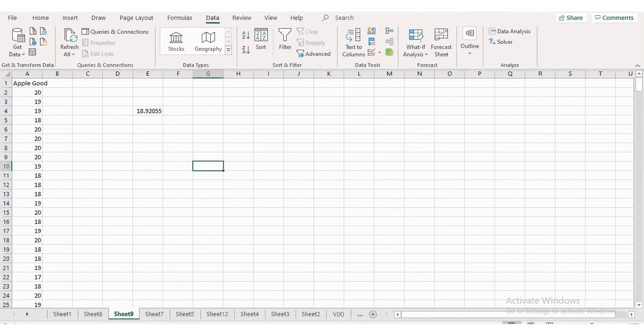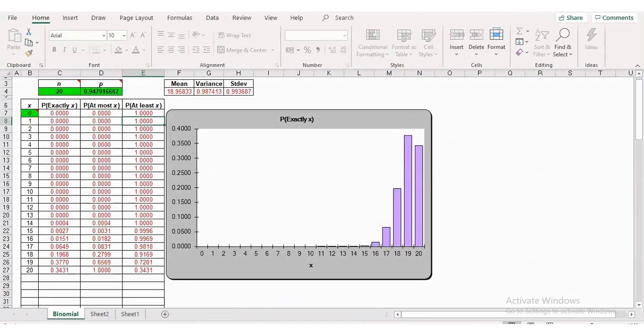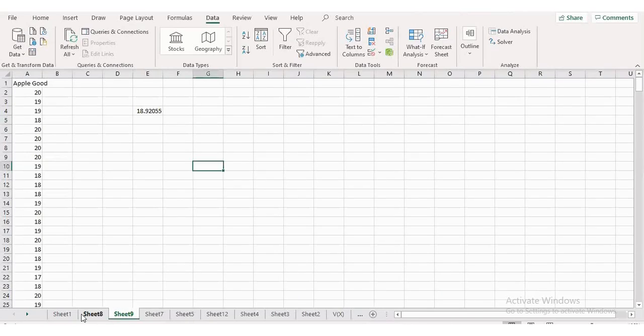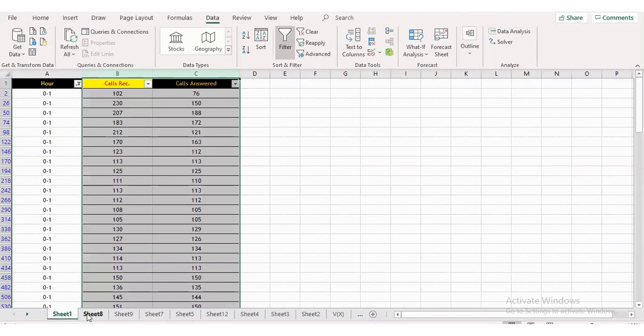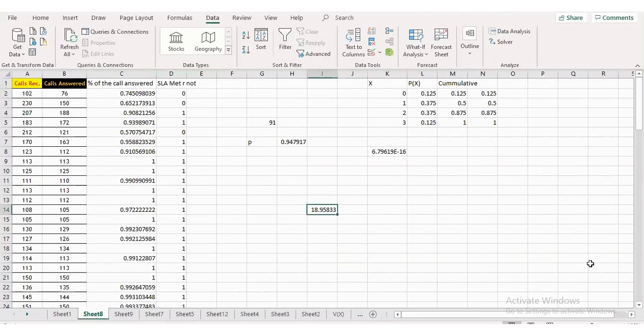You guys understood now? Where did I calculate? This is NP. NP is going to give, on an average, how many good apples he is keeping out of 20. All are with me. You guys understood this?